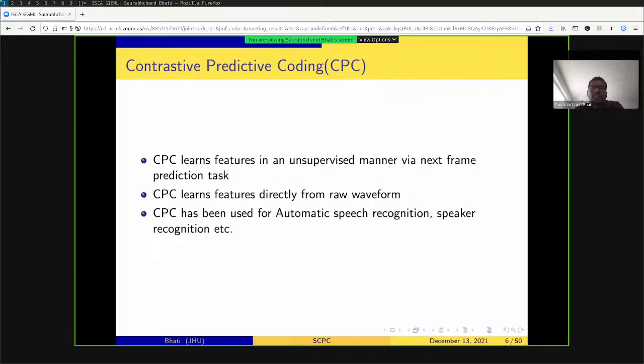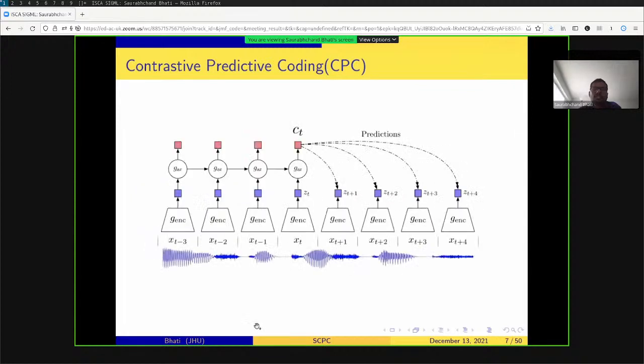And CPC has been used for speech recognition, speaker recognition, and it tends to capture the phone information really, really well. And recently there have been approaches which use CPC, or other self-supervised methods like DINO, for speaker identification. And this is the CPC architecture.